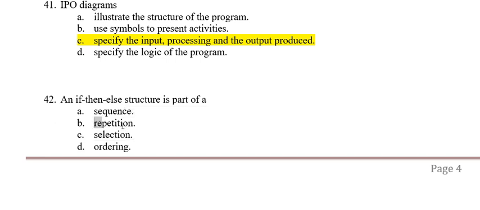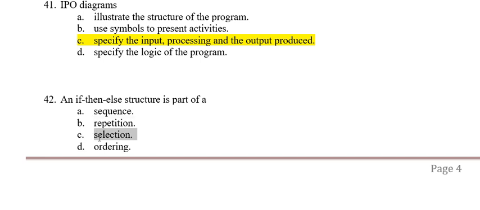Repetition will be if you make the program do a certain amount of loops. Like how to make the computer count from 1 to 10. You'll do the repetition of the same procedure a certain amount of times. Selection.